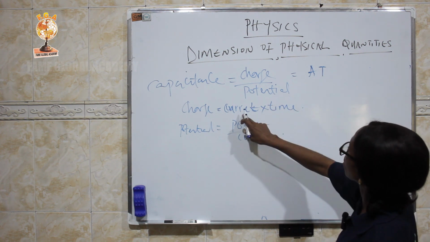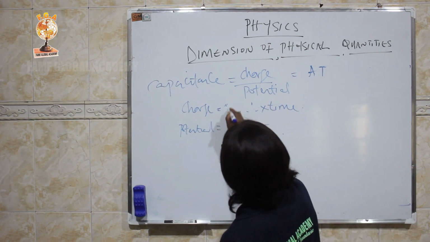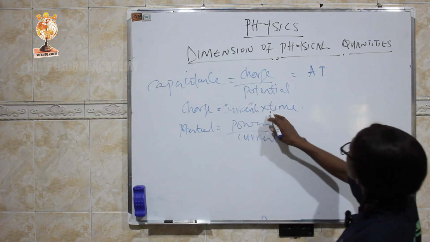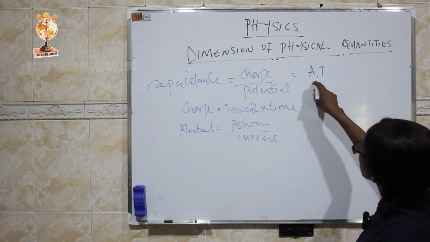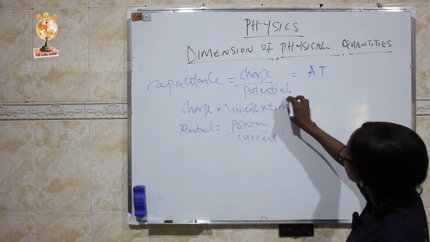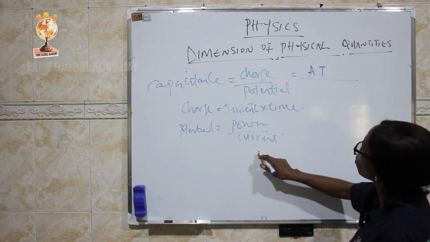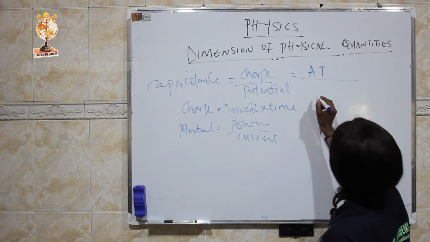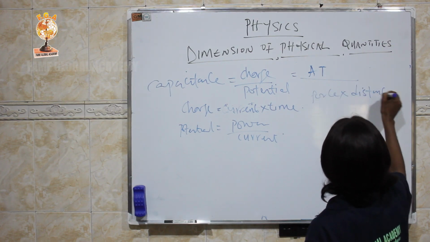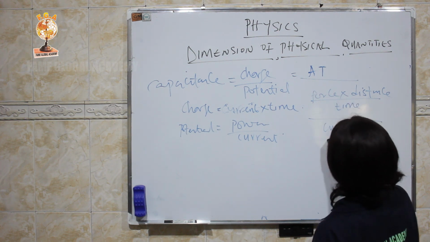So A is current, T is time. I've got it for charge. Now for potential, it is power over current. Remember we said power is force times distance all over time over current.